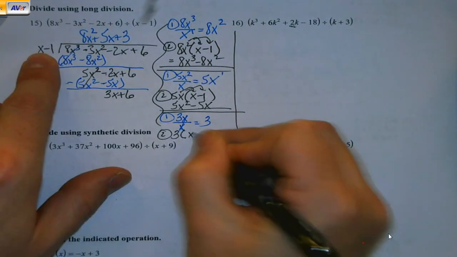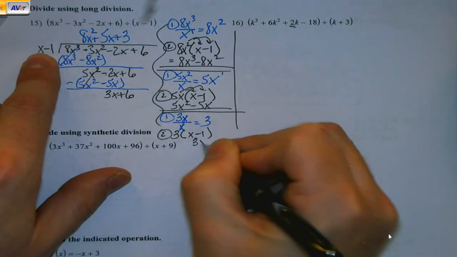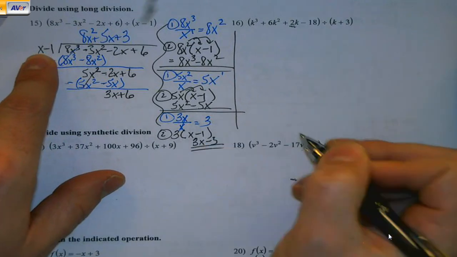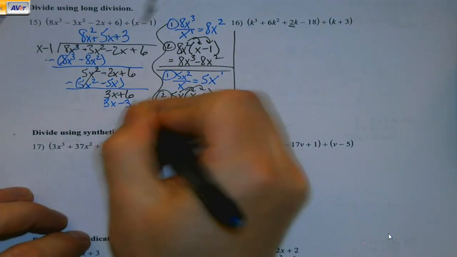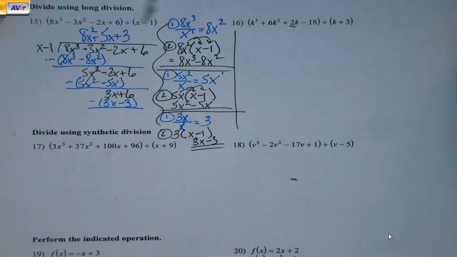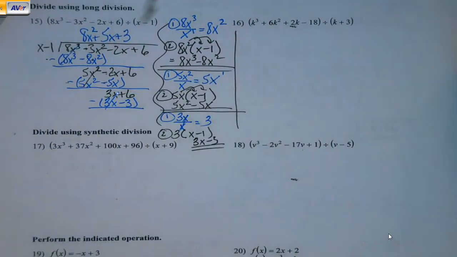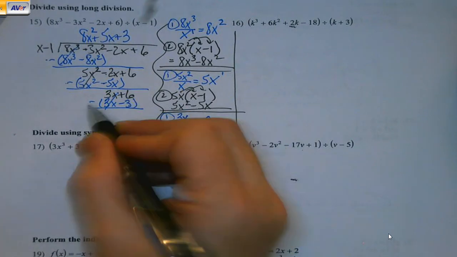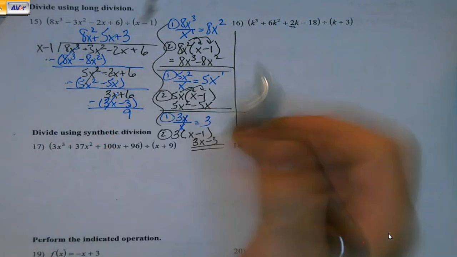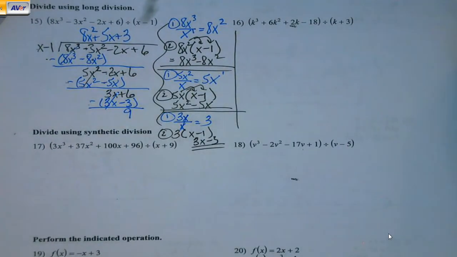Distribute it. And finally, on this step, when I subtract, okay, I'm still getting rid of my first, that's good. 6 minus -3, 6 plus 3 is 9, but I can't divide x into 9, there's no x's left.